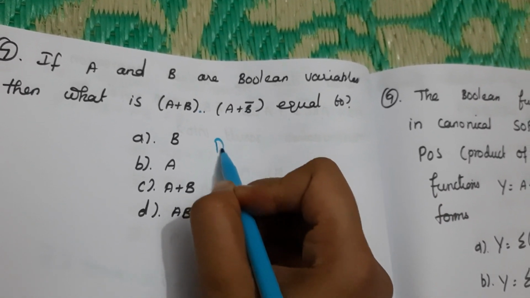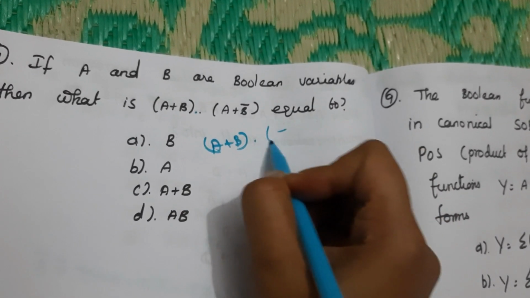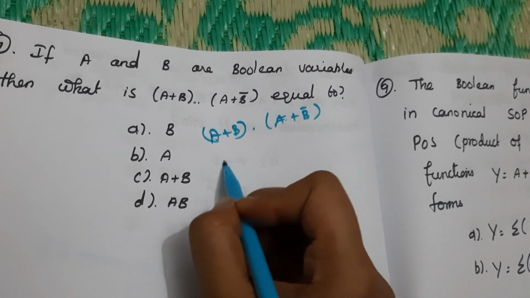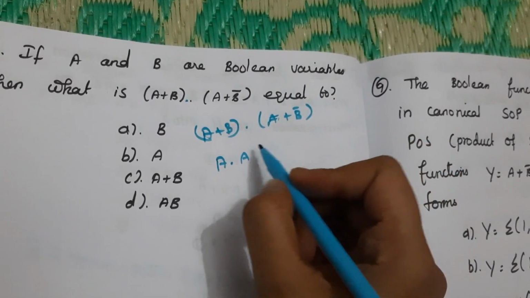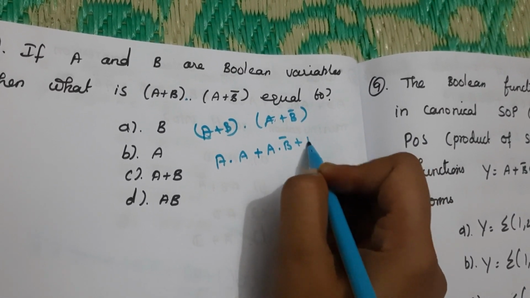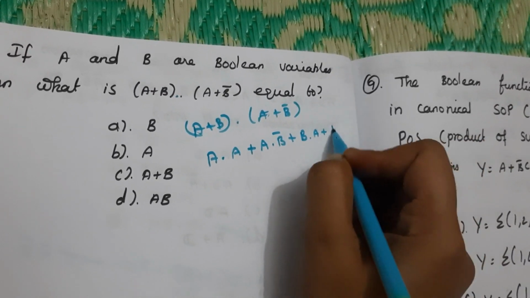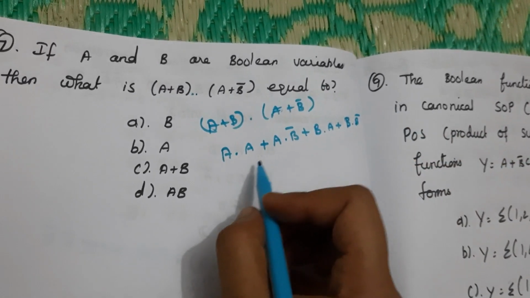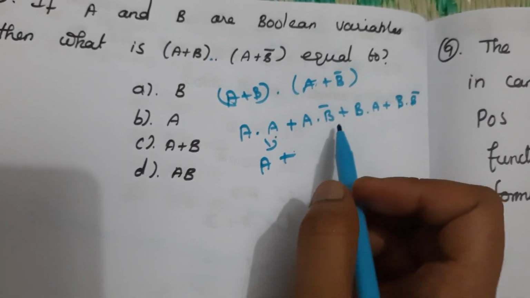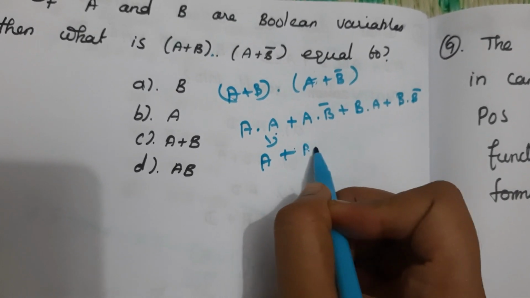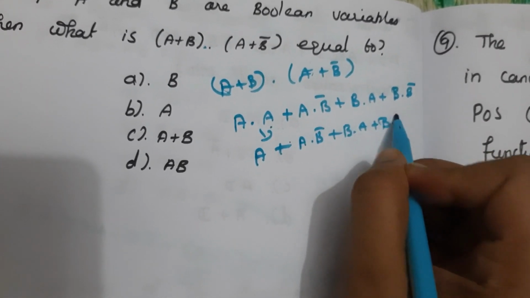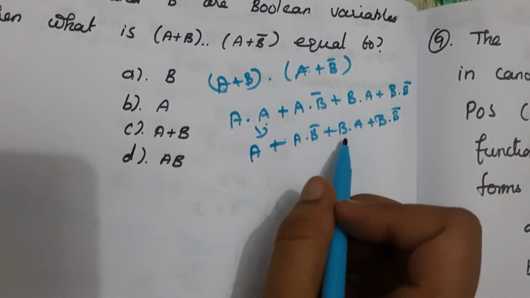So first multiply these two, we will get a·a + a·b' + b·a + b·b'. So now this becomes a + ab' + ba + bb'.